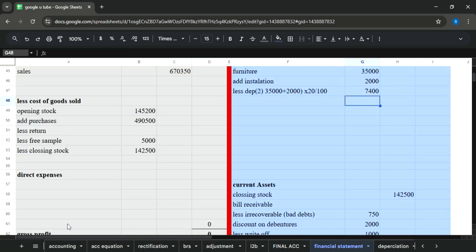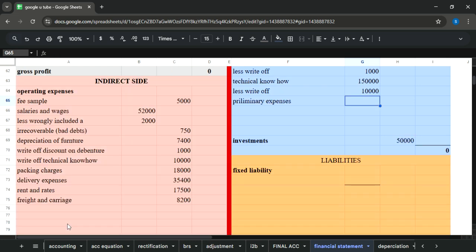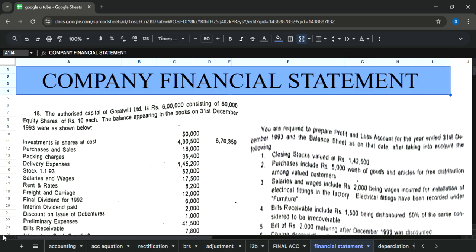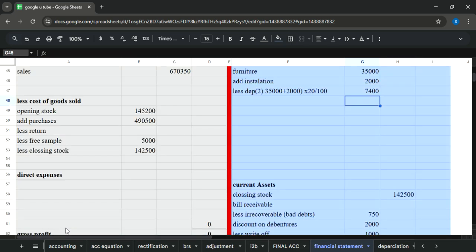Alignment is so poor, it is very difficult to judge exact amount. Now you can see that preliminary expenses are written over here and amount is going upward 1000, because you can see that investment amount is up due to misalignment.